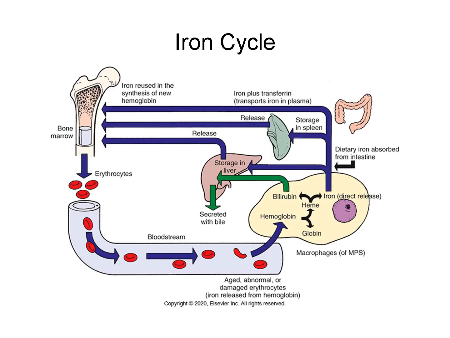This diagram shows how iron is reclaimed from destroyed red blood cells and reused for new hemoglobin synthesis. Maintaining the balance between iron absorption, storage, and recycling is critical for sustaining healthy red blood cell production and preventing disorders such as iron deficiency anemia.